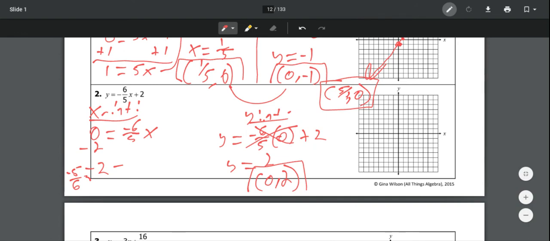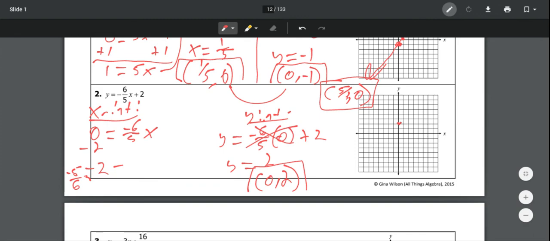So our y-intercept is 2, so that point will go there. Our x-intercept is 5/3, which as a decimal is going to make this point, I think it's like 2 point something. Actually, let me check just to be sure.